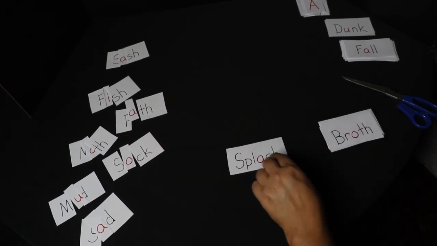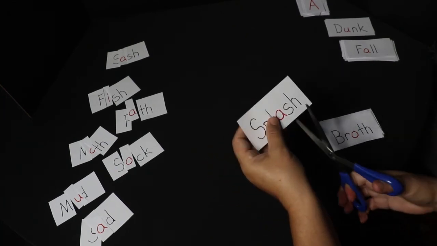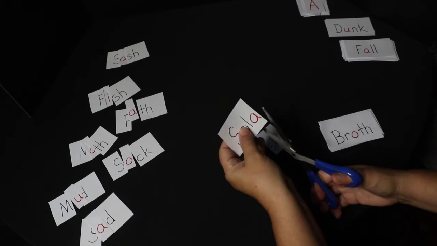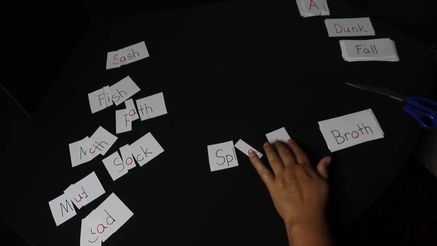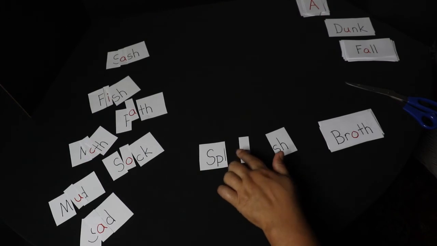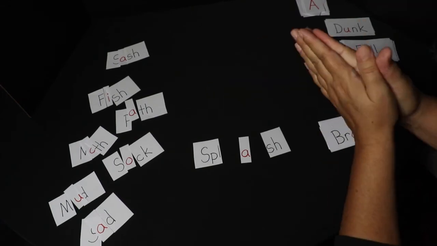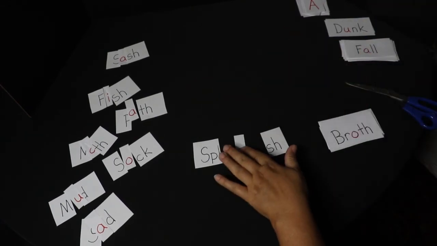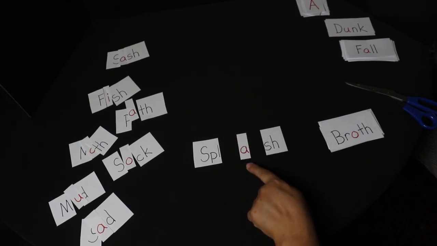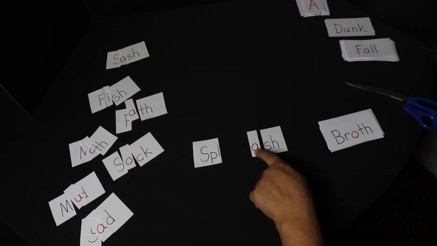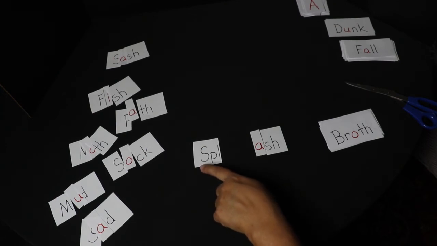Let's look at our next word. We're going to cut out our vowel and look at it. Now remember, it's one syllable. This is a longer word, but it's still only one syllable. Splash. I've already told you what this word is, but remember, we always move the vowel to the right first. So we're going to move it this way first. This is a blend.